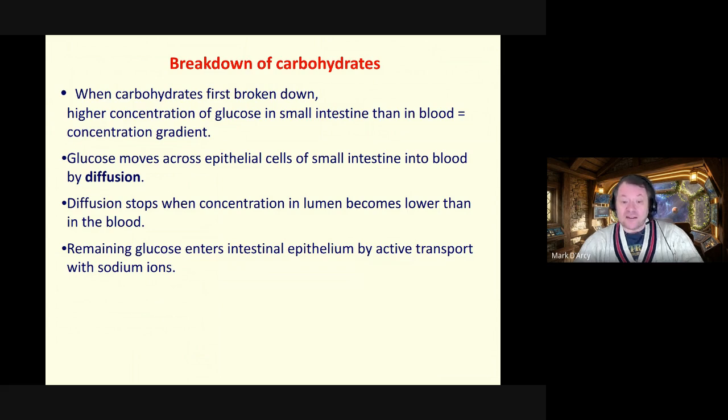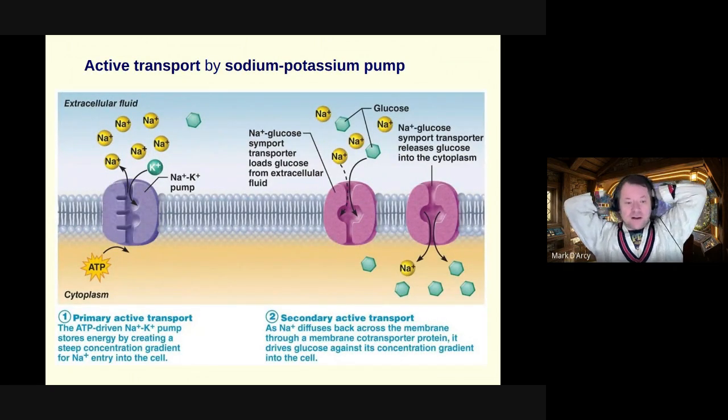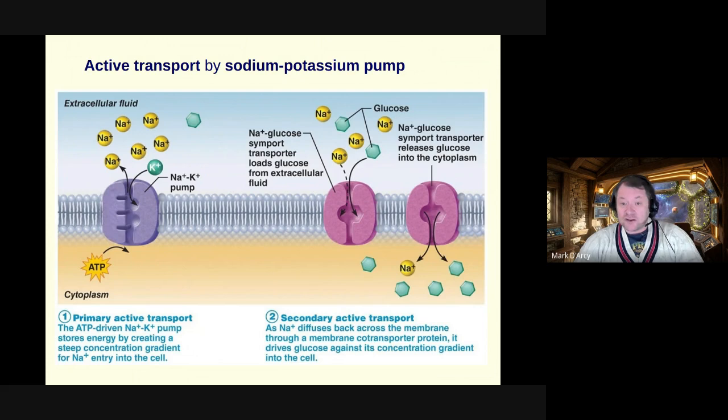Remaining glucose enters the intestinal epithelium by active transport, along with sodium ions. Basically, we use primary active transport to pump sodium out of the cells. This uses a sodium-potassium pump, and it creates a high concentration of sodium in the intestine.